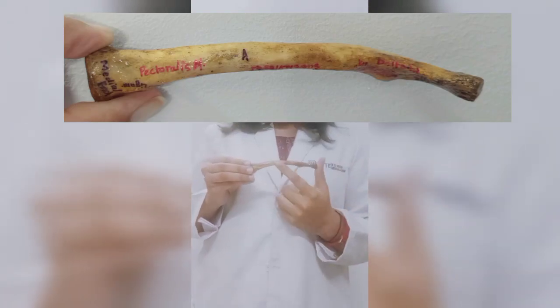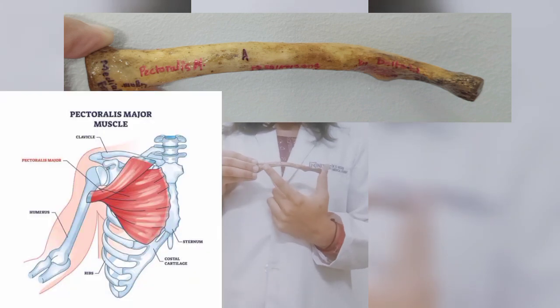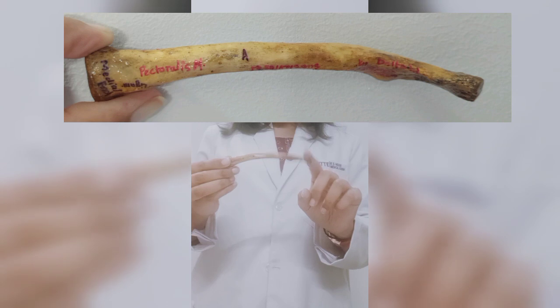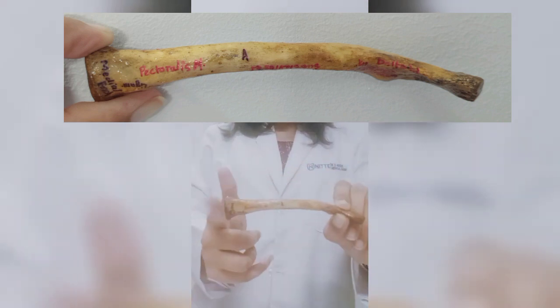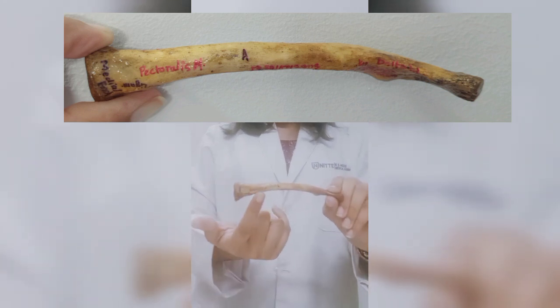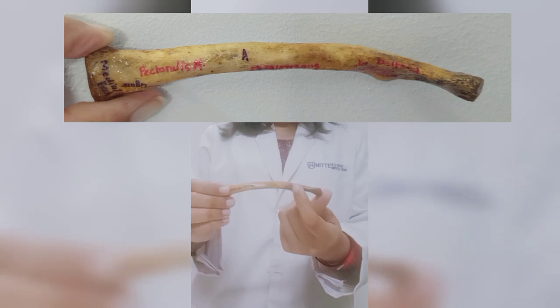First we talk about the anterior surface. Two muscles attach. One is pectoralis major, which attaches to the medial two-third part from the medial end. This is the lateral end or acromial end, and this is the medial end. Pectoralis major attaches medially, and deltoid muscle attaches to the lateral end.